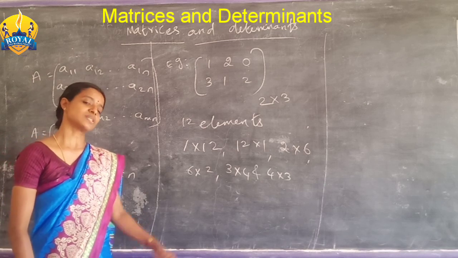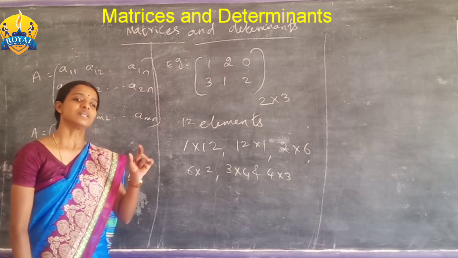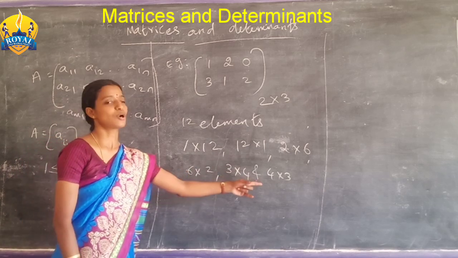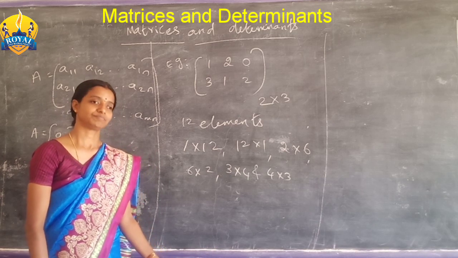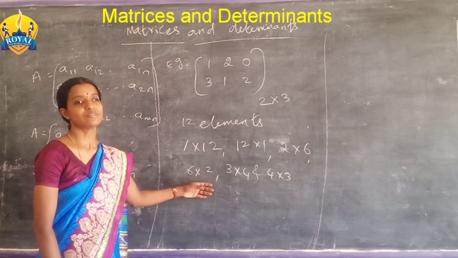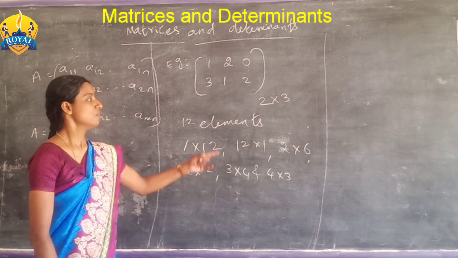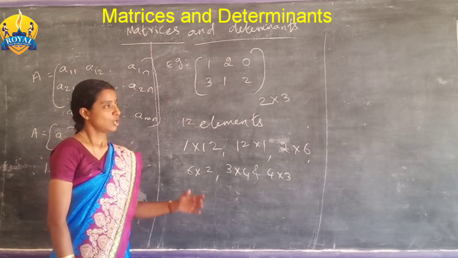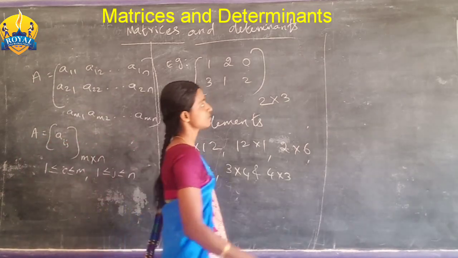Are there any more orders possible other than this? No, we don't have any other order possibilities for the product 12. Fine. Now with this, let us enter into the types of matrices.